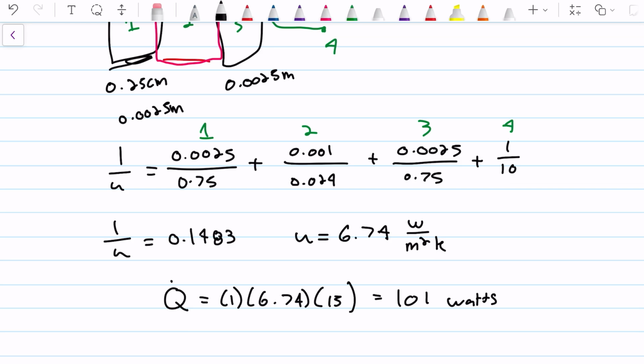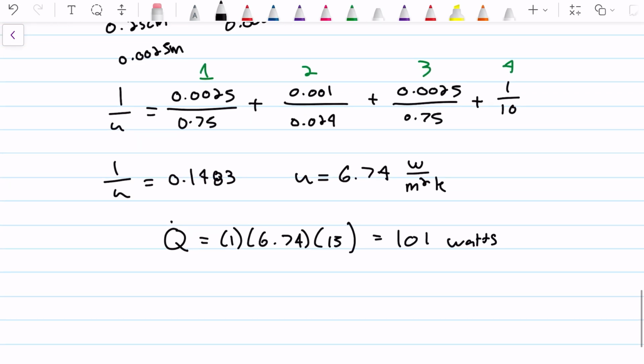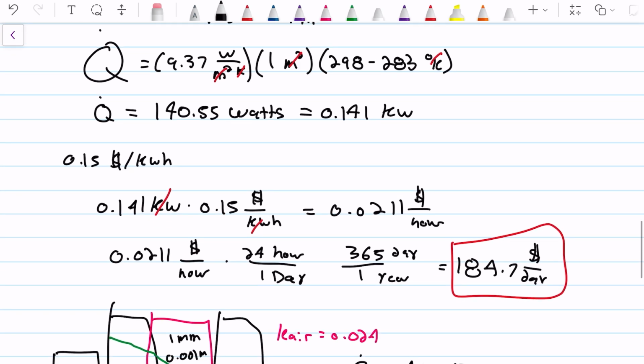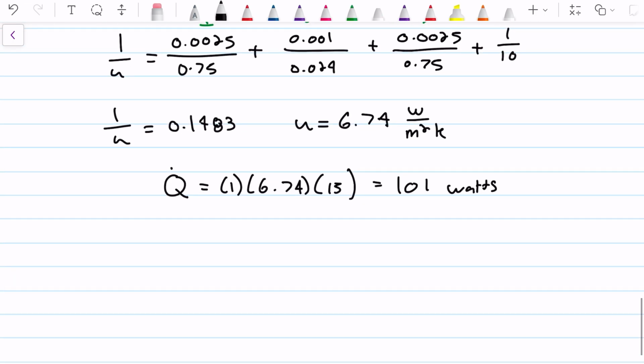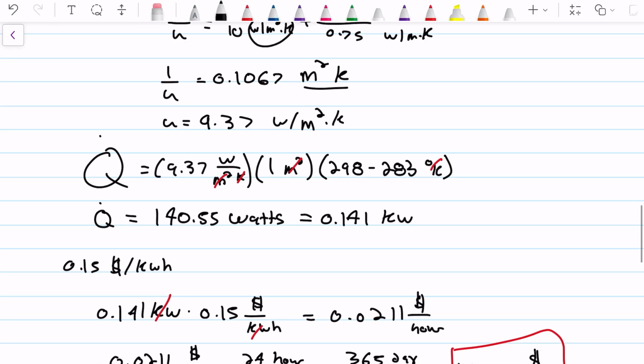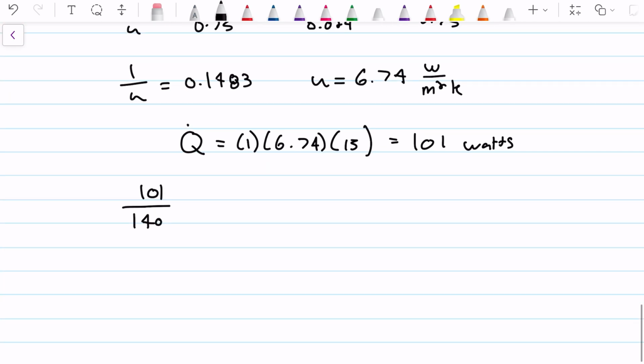And what do they want to know? They want to know the savings. So if we were at 140 watts before, the easiest way to do this would just be to do a ratio. So before we were at 140, right? I'll just call it 140.5.